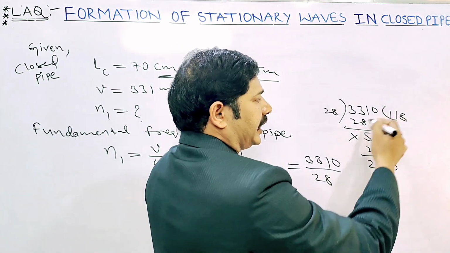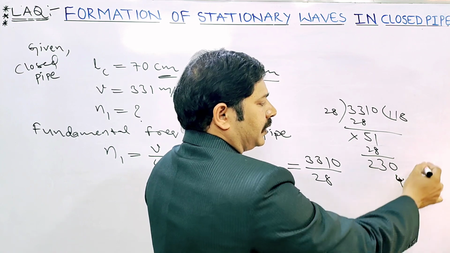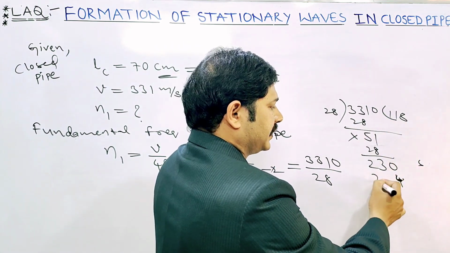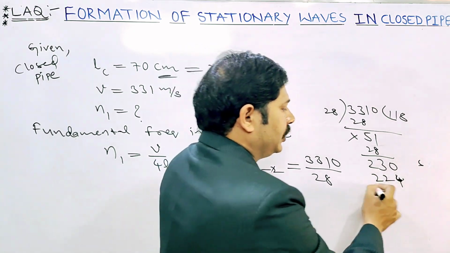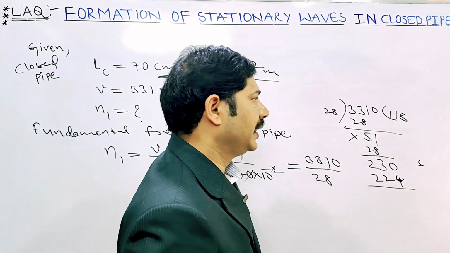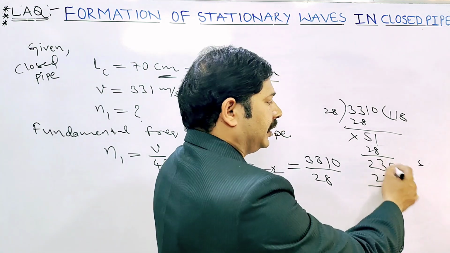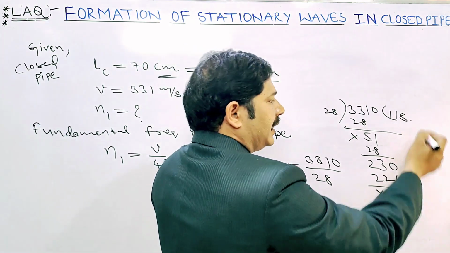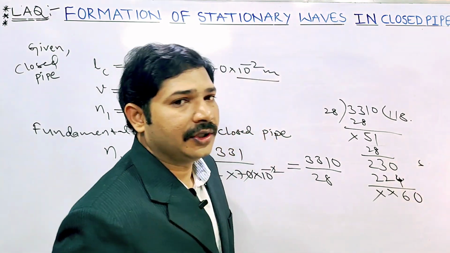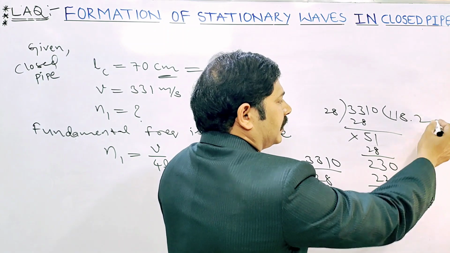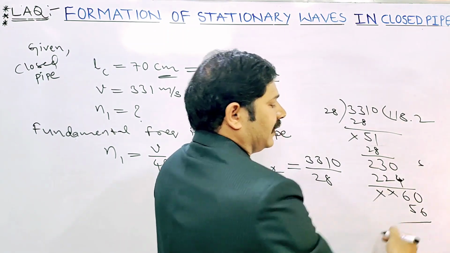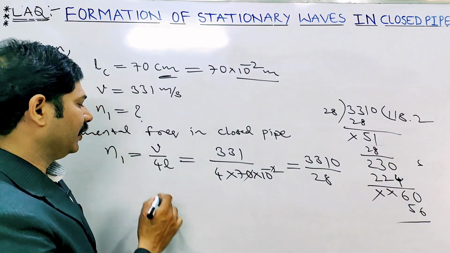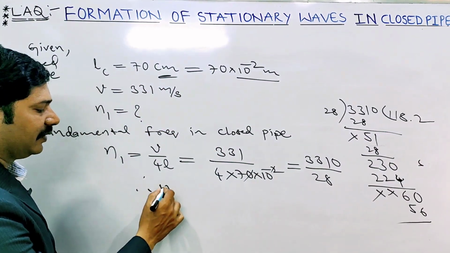Approximately 8: 8 eights are 64, 8 twos are 16 plus 6, how much? 22, so 224. 28 eights. Now 230 minus 224 is 6, 0. Here the decimal and 0 you can take. So 28 twos approximately 56, and of this we got 118.2.